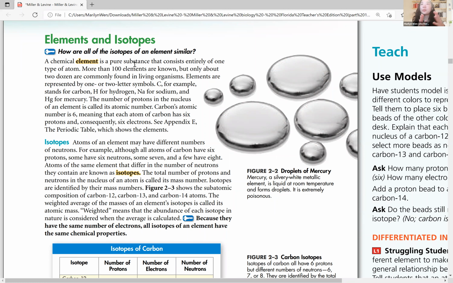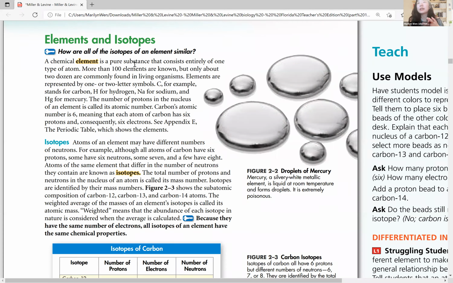But when you're trying to weigh the elements, you're not only weighing the protons, you're also weighing the neutrons. In the same element, the number of protons is always going to be the same, but the number of neutrons can change.